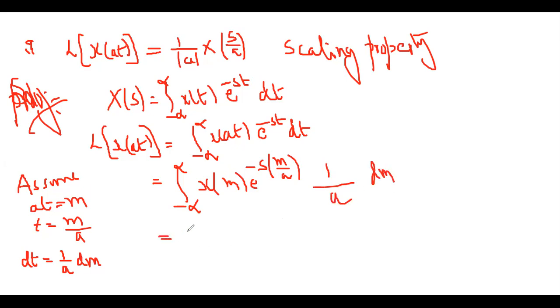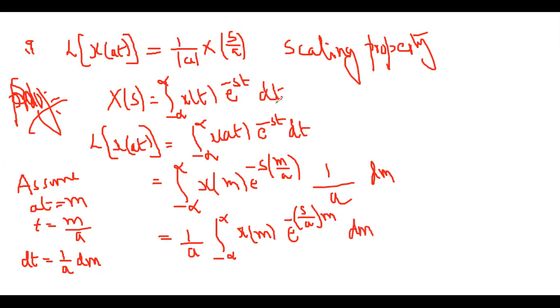Now write the 1 by a outside. It is now in the form of 1 by a times the integral from minus infinity to infinity of x of m e power minus s by a, multiplied with m, dm.